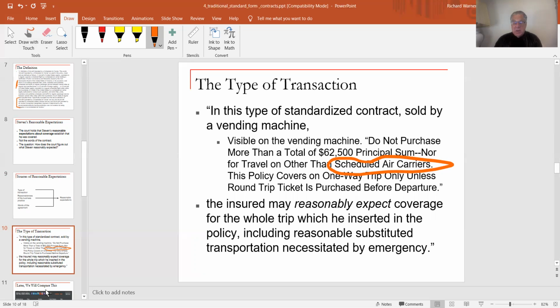And the court answers yes. If you walk up to the vending machine, see this, and the marketing pitch is buy insurance for your trip, what do you think? Well, if something doesn't work out on the scheduled airline printed on my ticket, and I have to switch to another because that's the reasonable thing to do in an emergency, do they cover that too? And the court very plausibly answers, yes, they do.